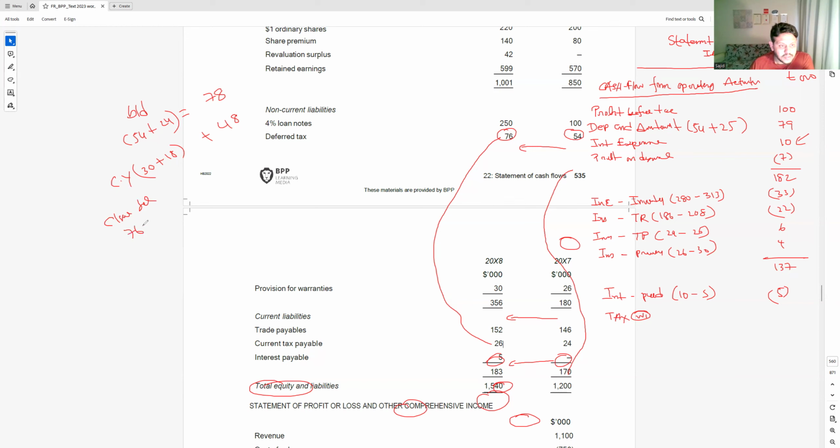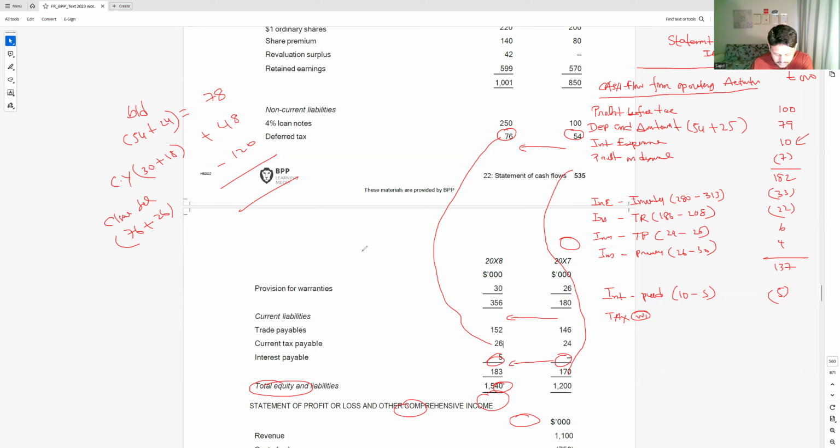So 76 plus 26 is 102. Need to minus that, 102. And the difference we'll have, and that will tell us how much tax we paid during the year. So let's do that. So we have 78 plus 48 minus 120. That tell us 6.